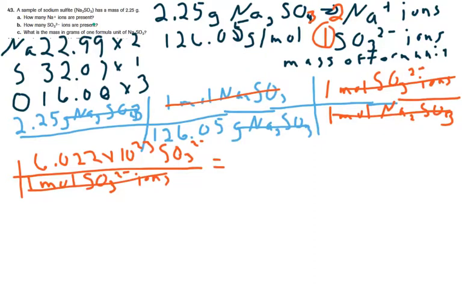calculations. So we got 2.25 divided by 126.05 times 6.022 times 10 to the 23rd, and we get 1.07 times 10 to the 22nd sulfite ions.